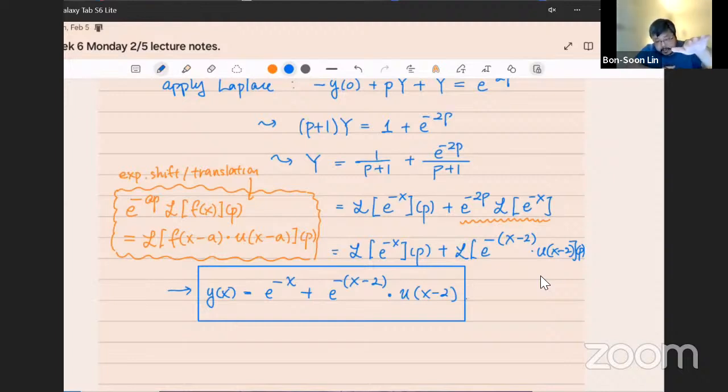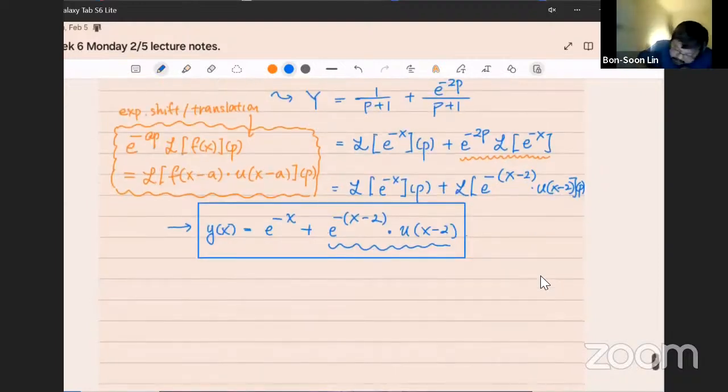And then at x equals 2, do you remember how to interpret this? This is saying that something got turned on at x equals 2. The function e to the minus quantity x minus 2 is really e to the minus x translated to the right by 2 units. So the graph of this looks something like this.